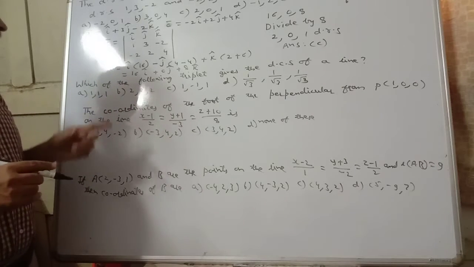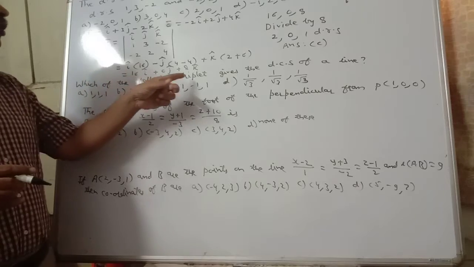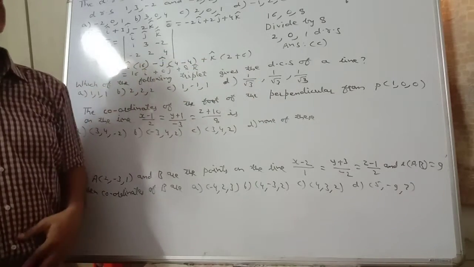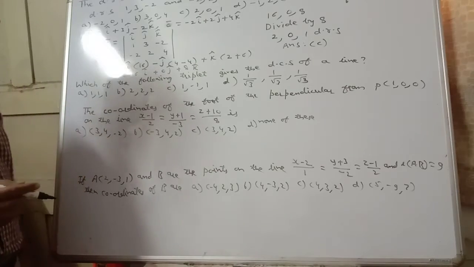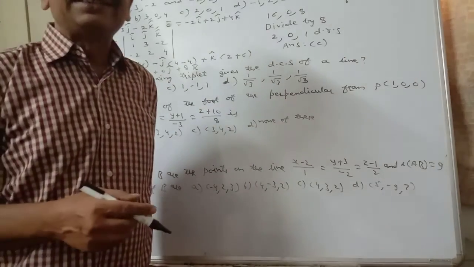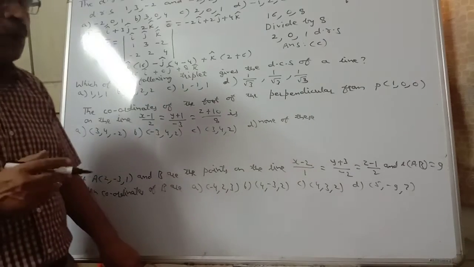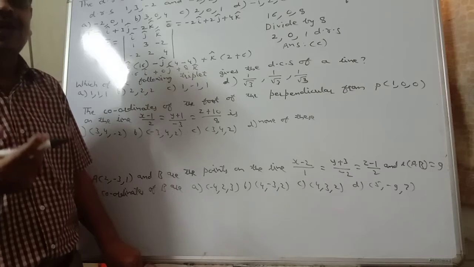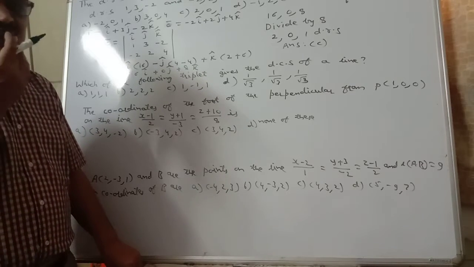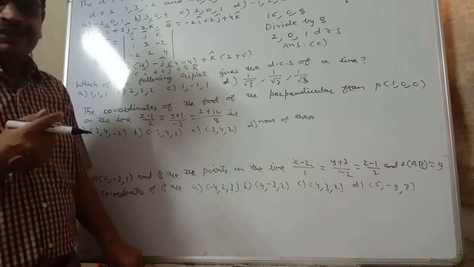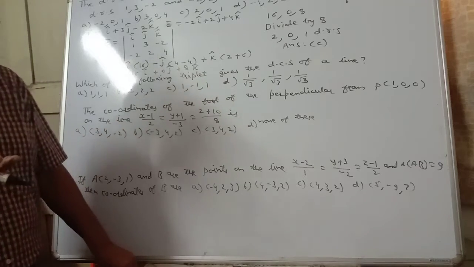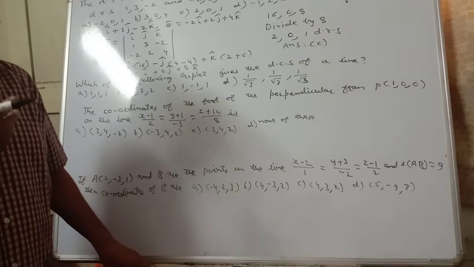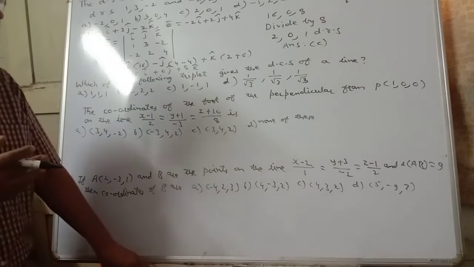Now next example. Which of the following triplet gives direction cosines of a line? For direction cosines, we know sum of squares of direction cosines, it is always equal to 1. In direction cosines it is a triplet, and in triplet number can be equal to 1 or less than 1.